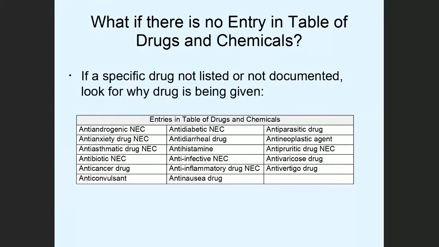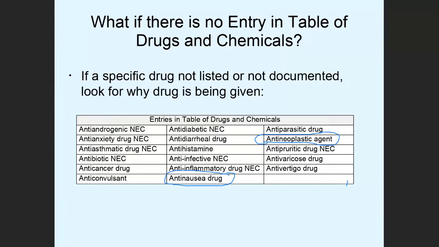If a specific drug is not listed or not documented, look for why the drug is being given. If it's a drug that is being given to treat nausea, you can find in the table of drugs anti-nausea drug. If it's done for cancer, like chemotherapy, you can look up anti-neoplastic agent.